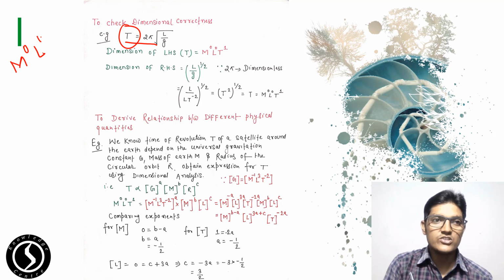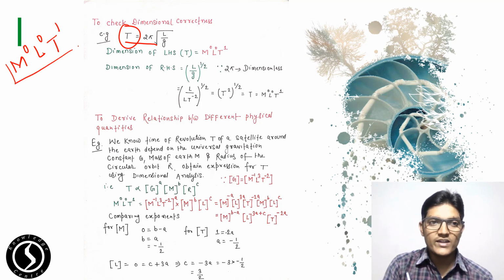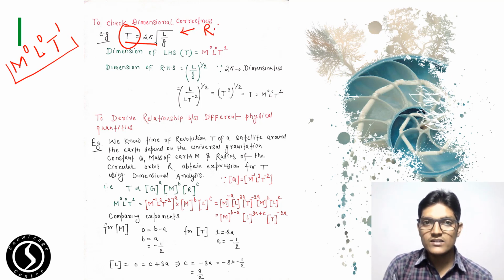We know it is M^0 L^0 T^1. This is the dimension of the left hand side. If we get the dimension of the right hand side equal to M^0 L^0 T^1, then we can say that it is dimensionally correct.